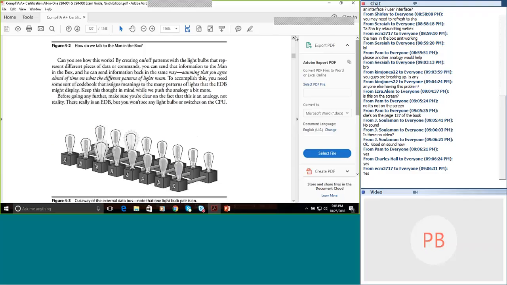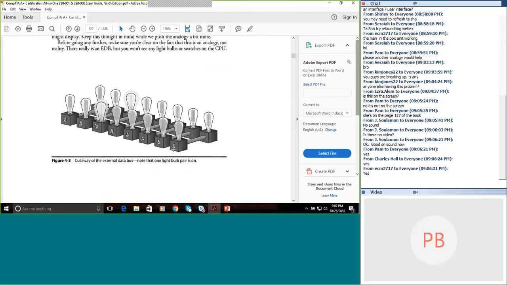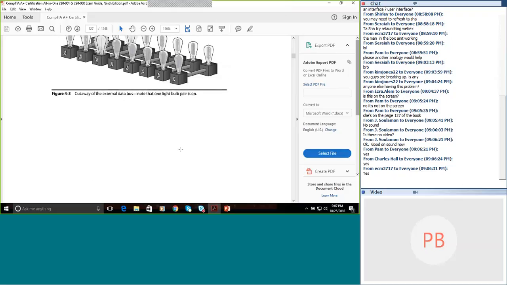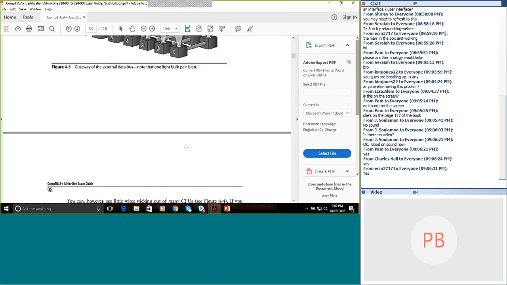So by creating on and off patterns with the light bulbs that represent the different pieces of data or commands, you can send that information to the man in the box, and he can send the information back in the same way, assuming that you agree ahead of time on what the different patterns of lights mean. So the thing we need to understand is all of the information is sent across different buses, which are physical buses on the motherboard of the computer.